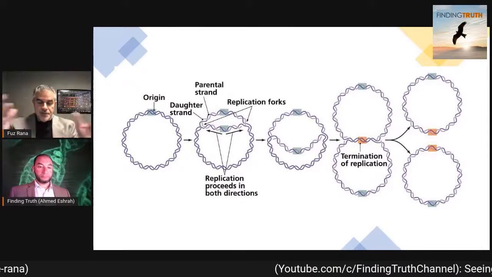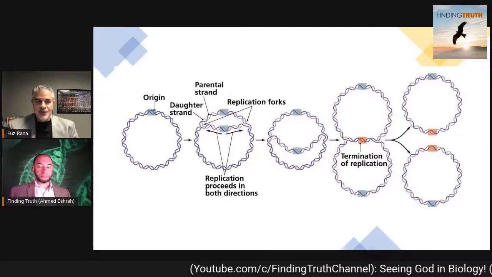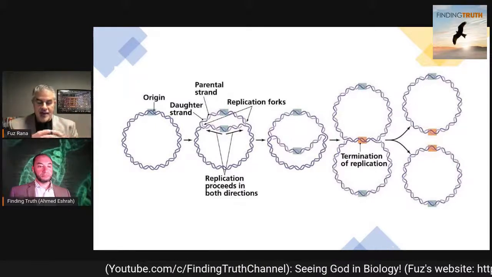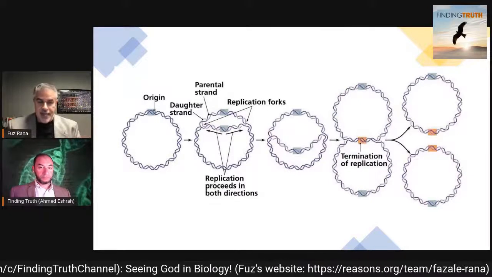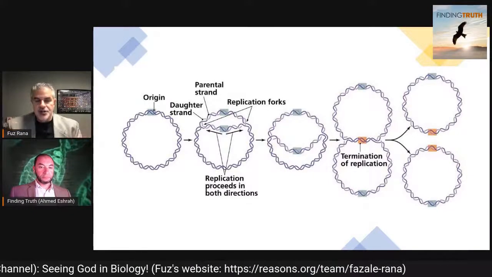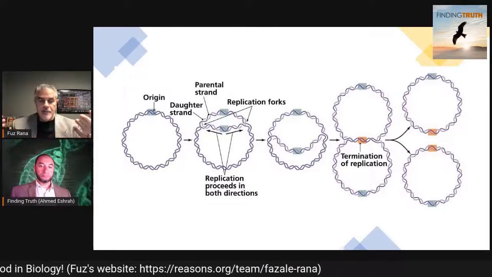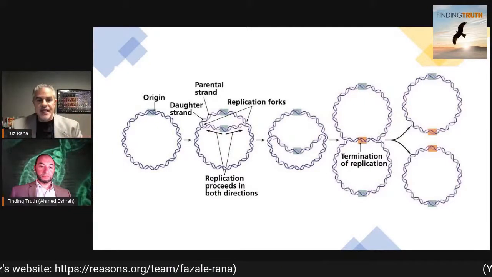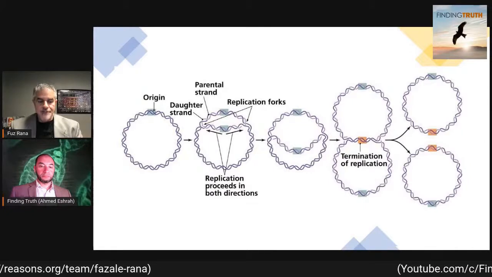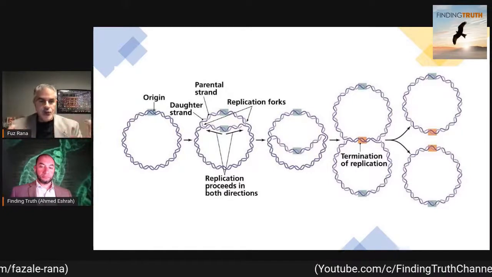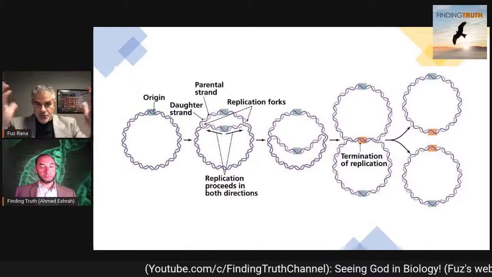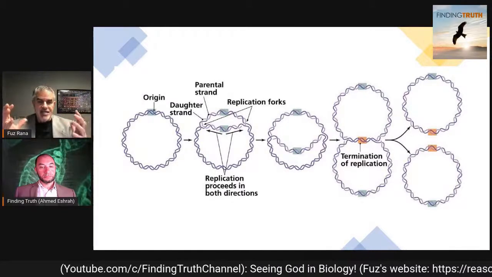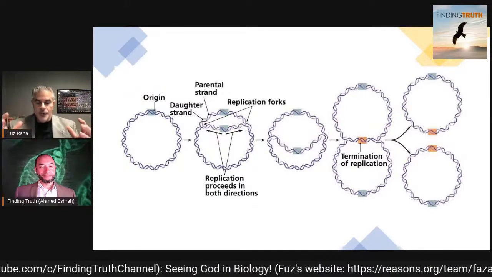But the principles of how that replication proceeds can be readily understood by thinking about replication in bacterial systems. And so the replication begins at a site called the origin of replication. And it's a particular sequence of nucleotides that the cell's machinery recognizes as the site for the origin of replication.